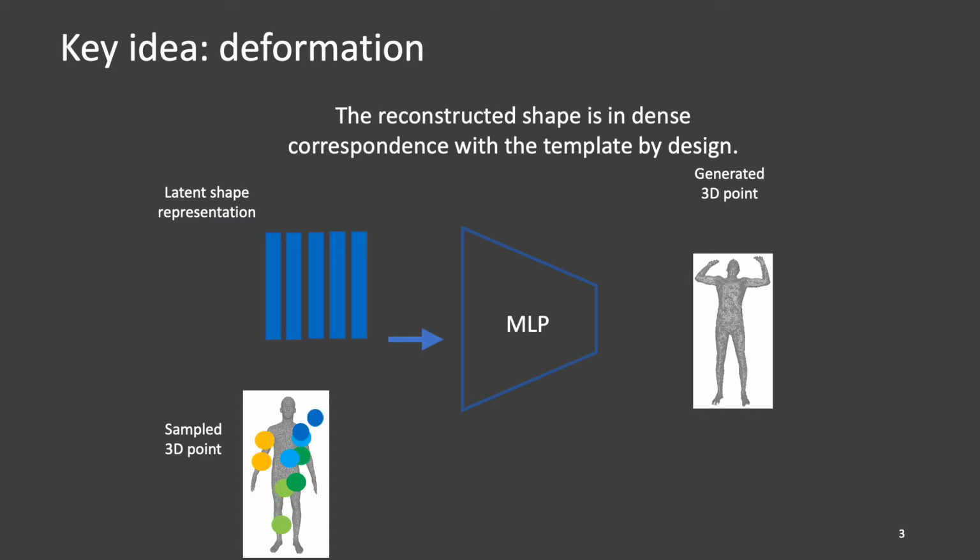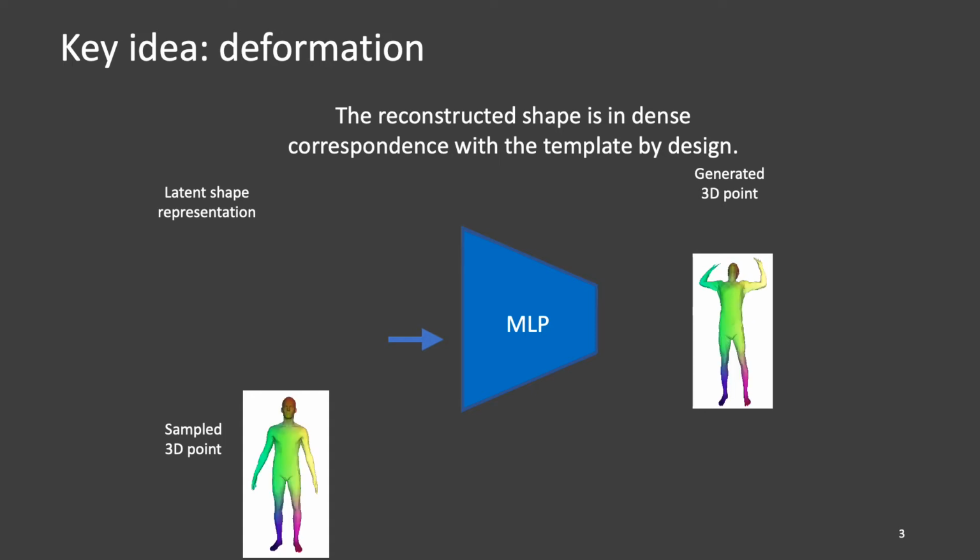This R3 to R3 function is run in parallel on all the template points, which results in a reconstructed shape with the same number of points as the template. Since the MLP deforms each template point independently, there is a 1-1 correspondence between template points and their deformed version. We say that the reconstruction is thus in dense correspondence with the template, and visualize this with colors.